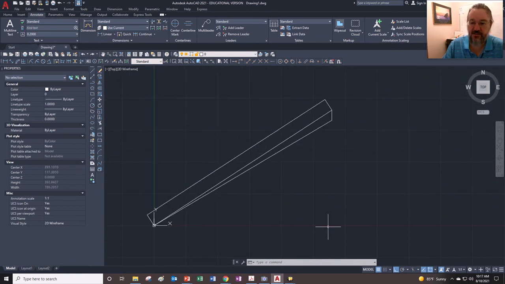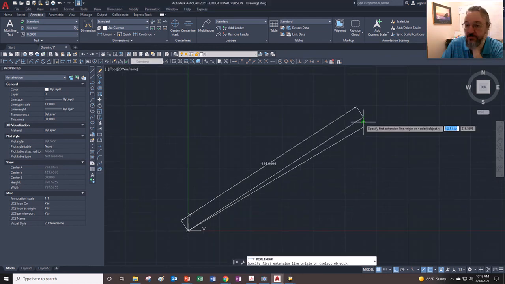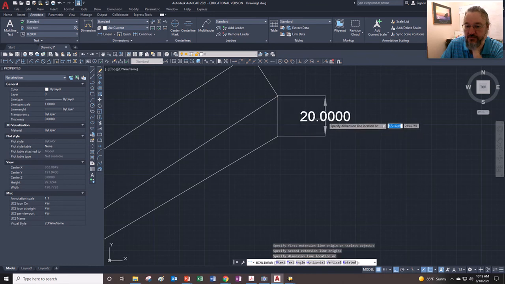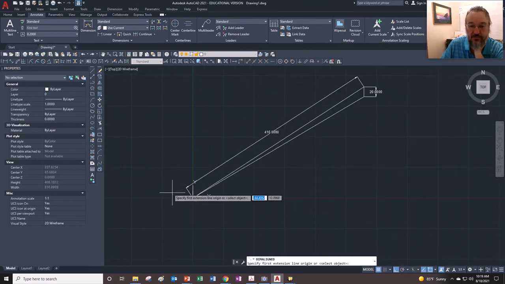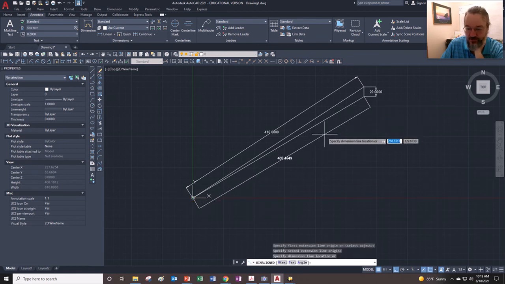Let me pause. I'll fix the size. I gotta make sure I zoom in so I don't accidentally hit the leader. There's 20, and now you can find that we have here to there. Here's our 405, right? 405.45.